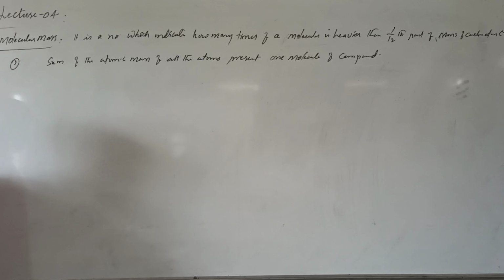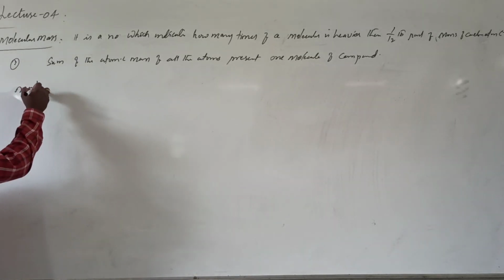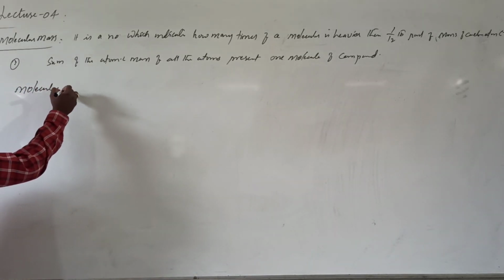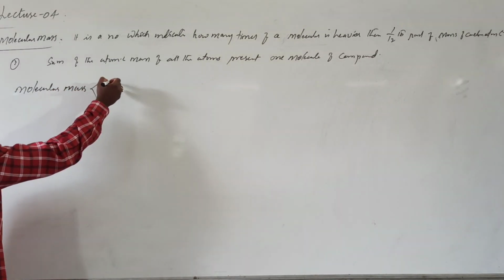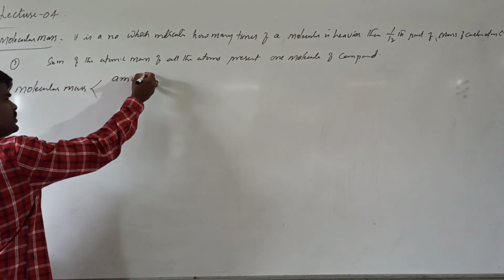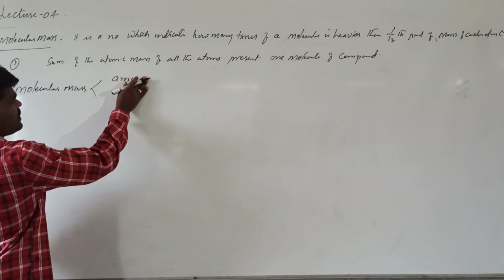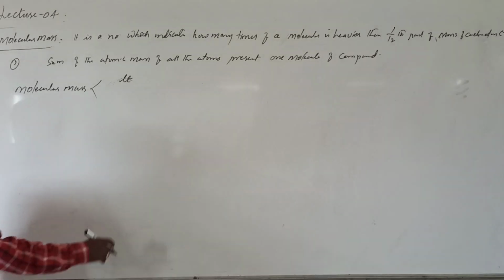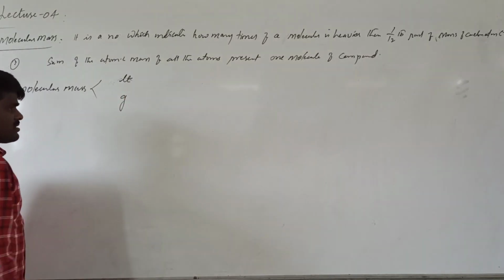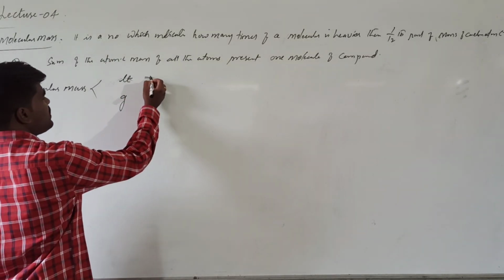Basically, molecular mass is expressed in 2 ways. Either it can be expressed in atomic units, or more generally, it will be expressed in unified mass units, or otherwise grams.